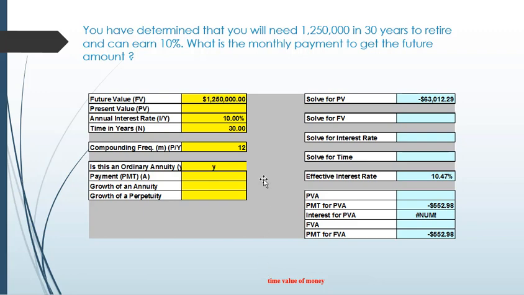Again, let's plug in the numbers. You need $1.25 million in the future. Annual interest rate, you can earn 10%. 30 years is when you want to retire, and the compound frequency is 12. To get this money, you're going to need to invest $552 a month.